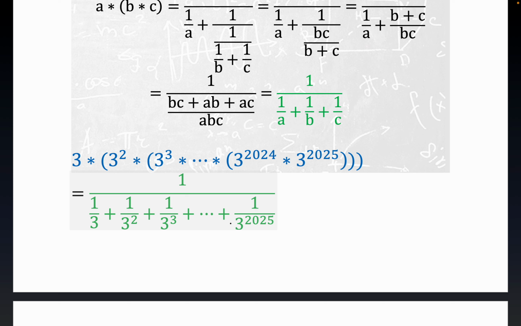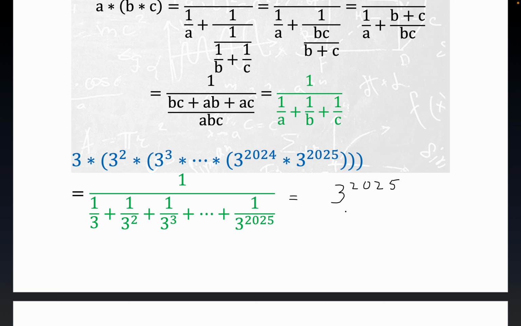And so what I'm going to do is multiply through by 3 raised to the 2025. And we'll get this right here, 3 raised to the 2025 in the numerator. Multiplying the numerator and the denominator by 3 raised to this ginormous number.